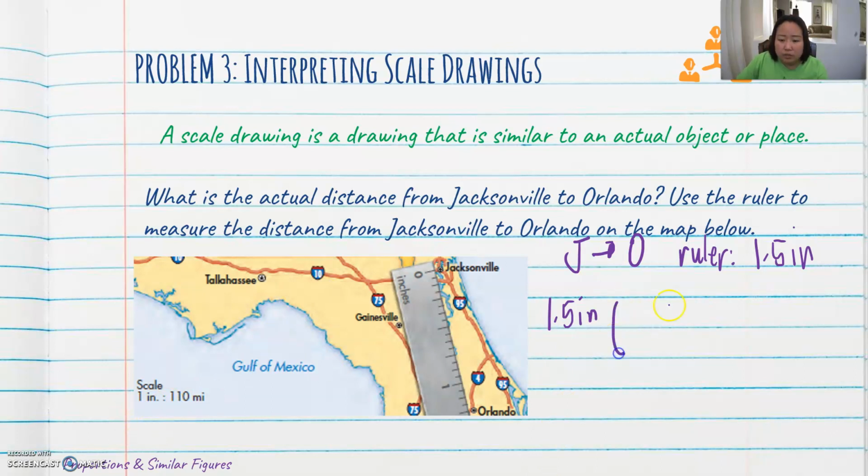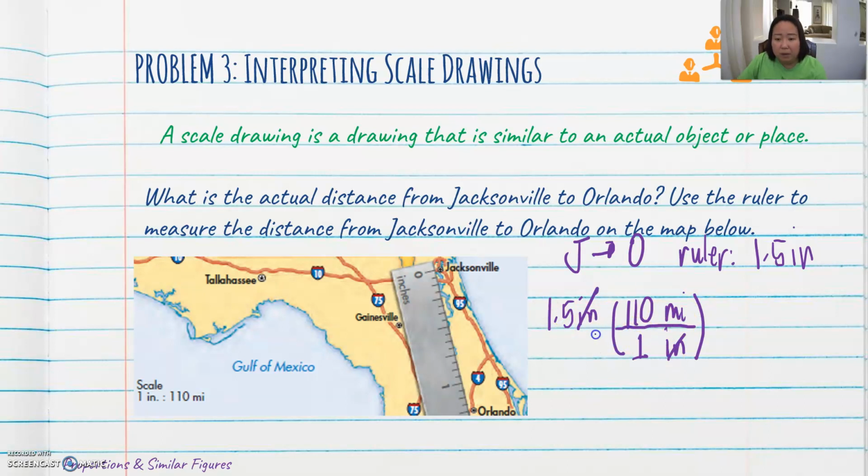Since we are given inches, we already know that inches will be in the denominator, and our desired unit will be miles, okay? According to the scale, 1 inch is equivalent to 110 miles. So 110 miles will be up here in the numerator, and inches will be gone, and as you can see, only miles will be our unit.